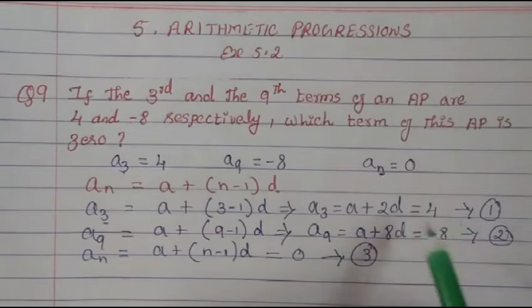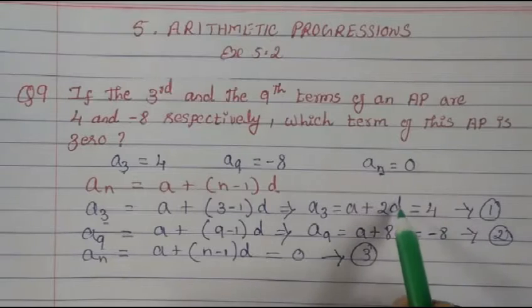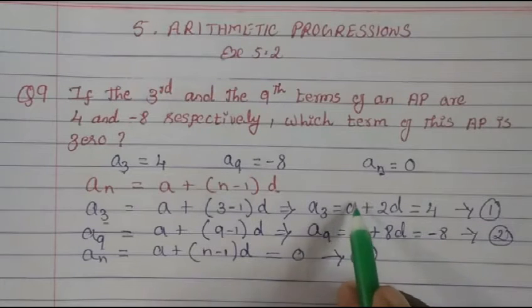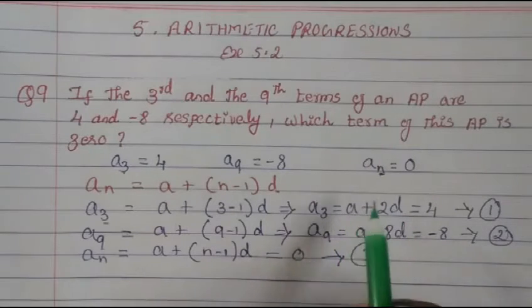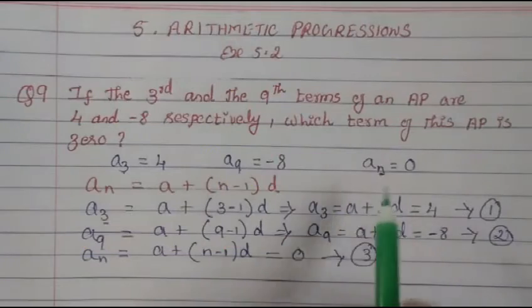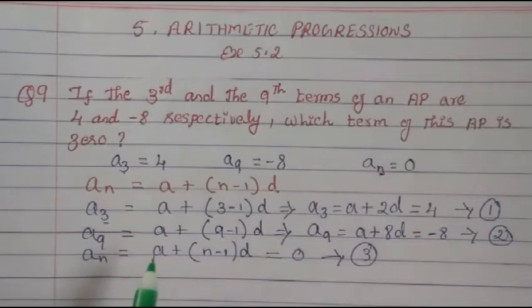So using the elimination method, we will get the value of D, because in the elimination method A gets cancelled, so we can get the D value. Once we get the D value, you can put it in any of these equations and get the value of A. Once you have A and D, and you know AN also, you will have the A value, the D value, and the AN value is given to us. So we have to get the value of N. Let's do it now.